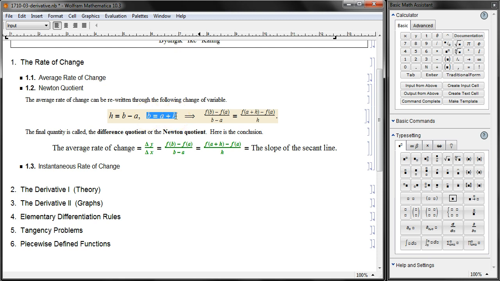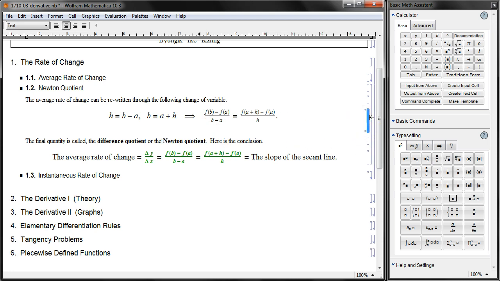All I have to do is move this a to the other side. Therefore, this b will become a plus h. In short, this quantity, the computational formula for average rate of change, and this expression are the same. The latter quotient is called either the difference quotient or the Newton quotient, but in reality they mean the same thing.